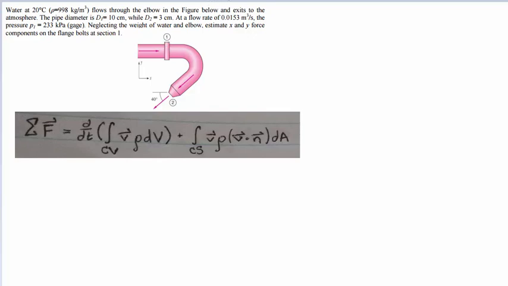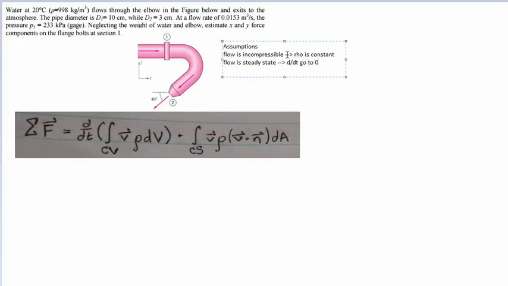Once again, we should figure out what assumptions we want to use for this problem. We're going to use the assumptions that we usually use, and that's that the flow is incompressible. Again, that means that rho, the density, is constant. We're going to assume that the flow is steady state, which means that time derivatives go to 0.